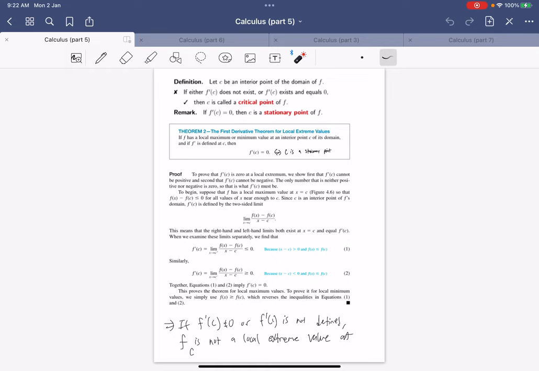Because we take the converse, it means that if we take the points that are not causing f'(c) to be 0 or f'(c) to be defined, then f cannot even be a local extreme value at that point. So the only possible ones are to try out those that are equal to 0.